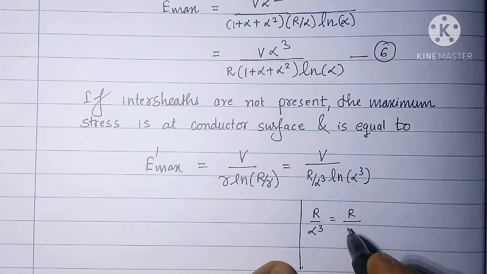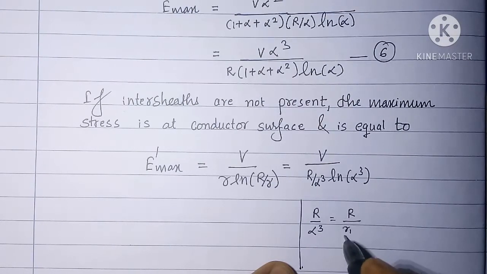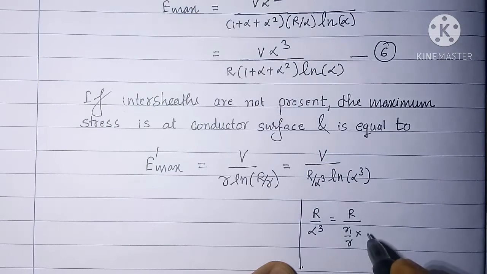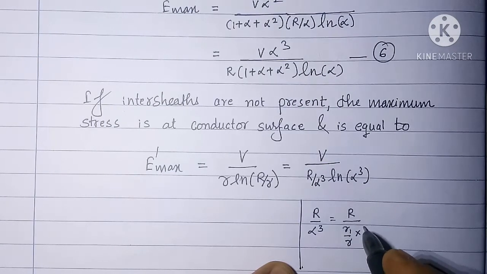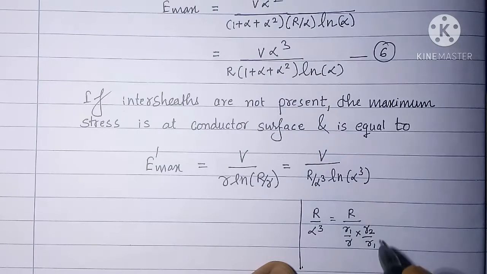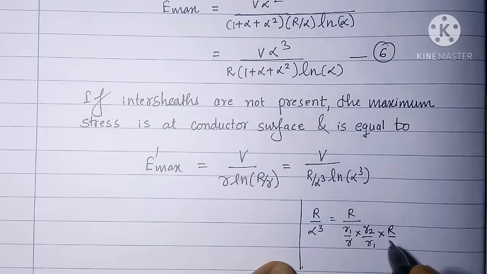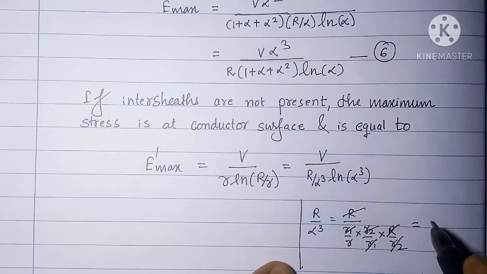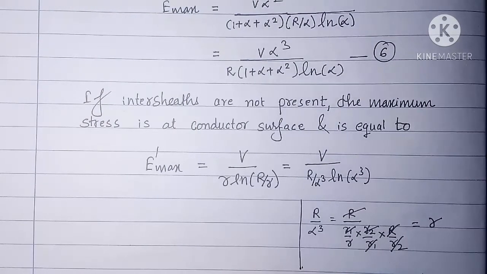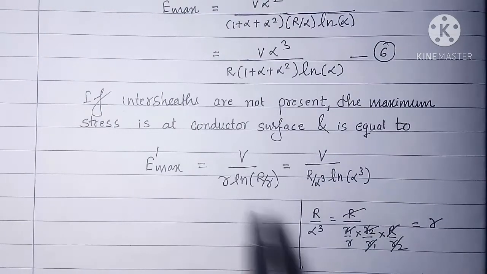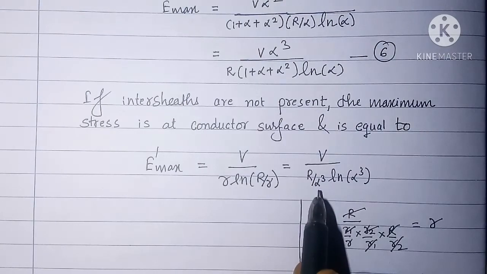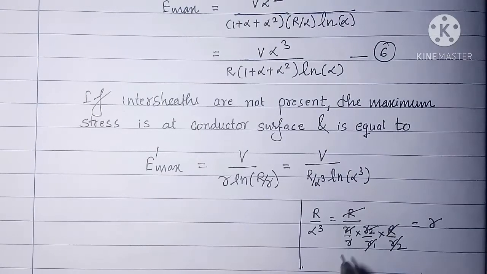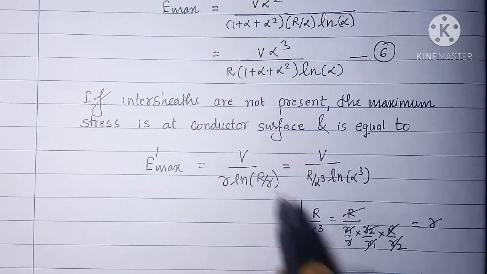Alpha value is R1 by R and R2 by R1 and R by R2. R2 will cancel, R1 will cancel, R and R will cancel, ultimately we will get it as R. Therefore this R here is written as R upon alpha cube, and capital R by small r.